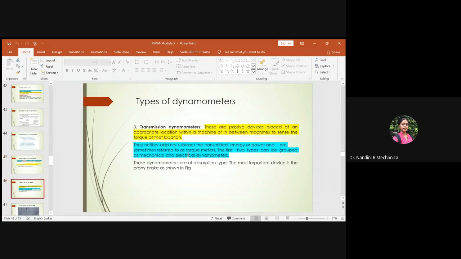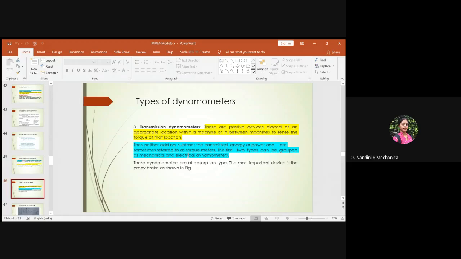So next you should know what you mean by transmission dynamometers. So these transmission dynamometers are called passive devices which are placed at an appropriate location within a machine or in between machines to sense the torque at that location. So what do you understand from this?